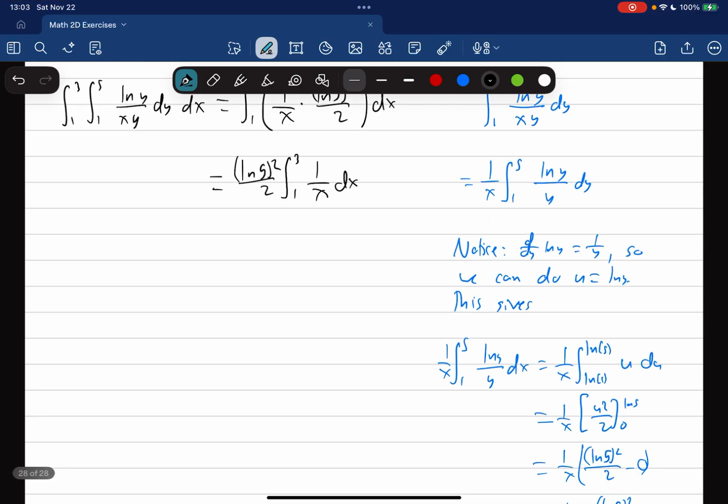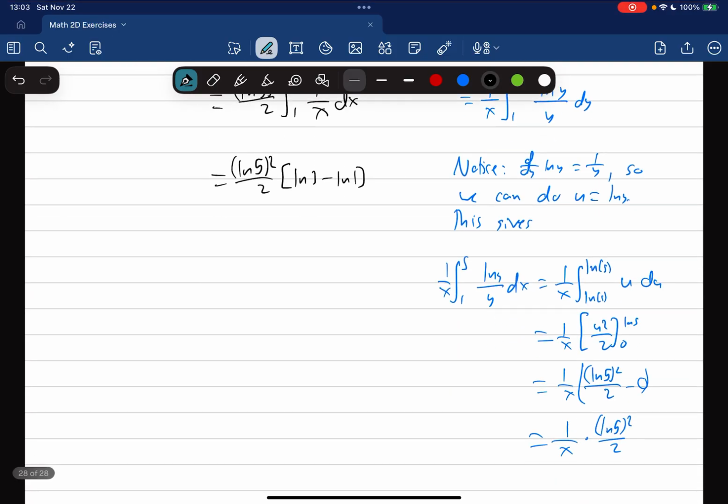And this is easy enough. This is just going to be ln 5 squared over 2 times ln 3 minus ln 1, using that ln is an antiderivative of 1 over x. And finally, our answer becomes ln 5 squared over 2 times ln 3.